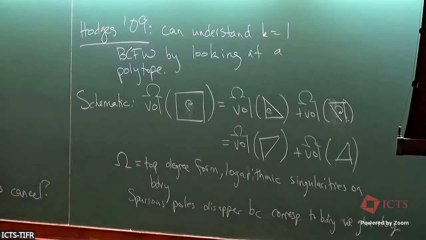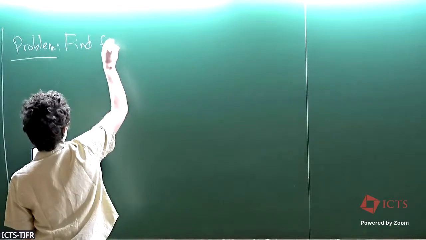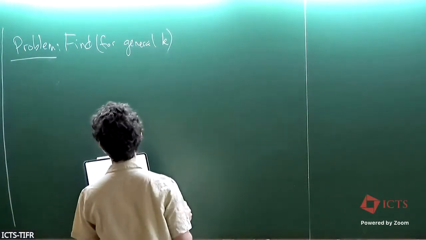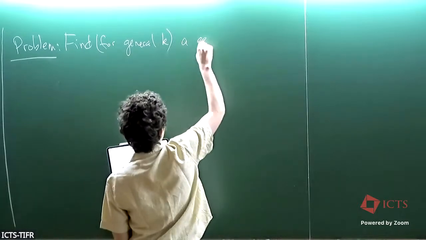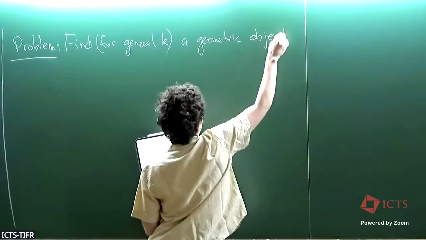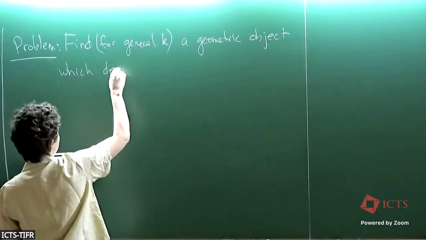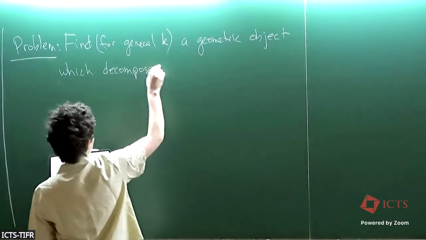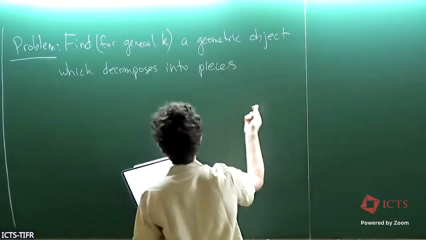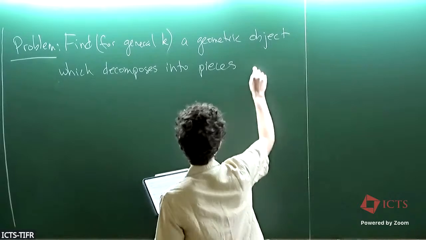So the problem is to find, for general k, a geometric object which decomposes into pieces according to the BCFW recursion, according to these BCFW formulas.